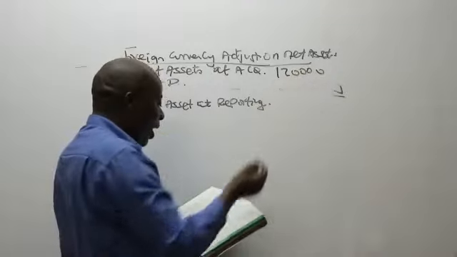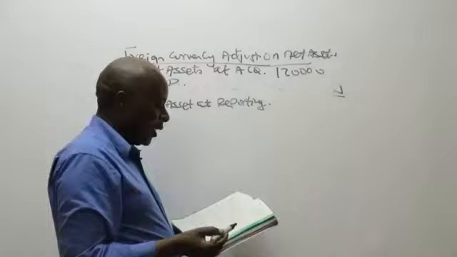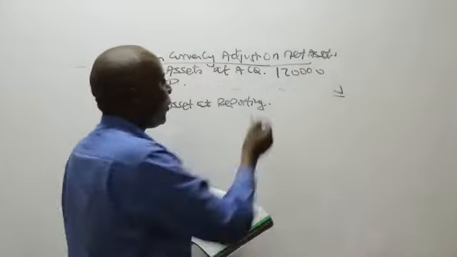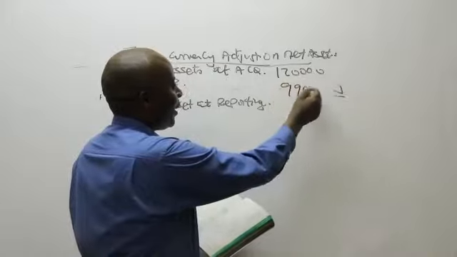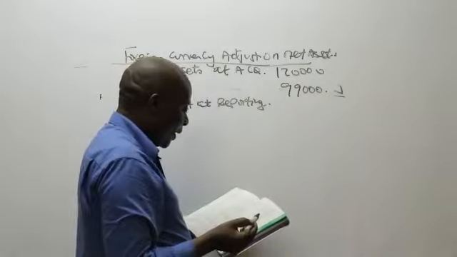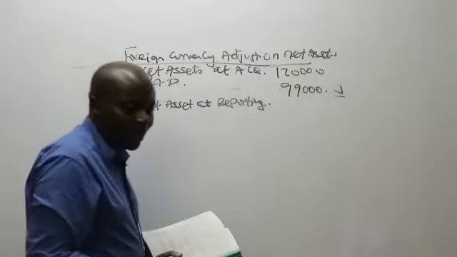How about the POP? POP was 99,000. Ladies and gentlemen, how about net assets at the year end? Net assets at the reporting, how much were you getting?